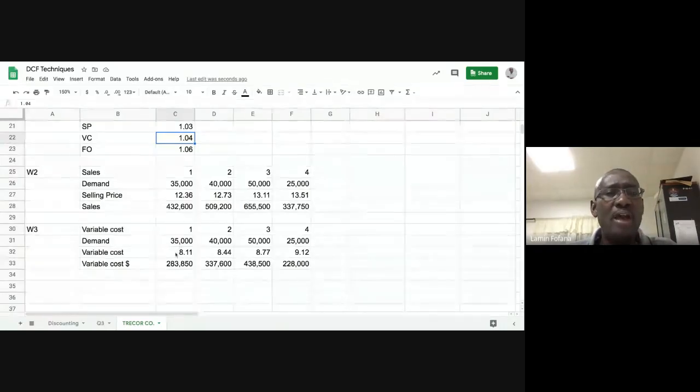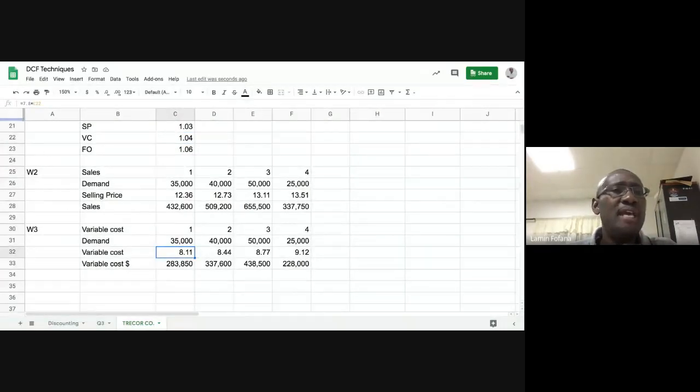So this is why the first year we said 7.8, which is the value of the variable cost in year 0, that's now multiplied by the increment, that gives you 8.1. Then year 2 is going to be the year 1 value multiplied by the increment, which is 1.04, and year 3, year 2 value multiplied by the increment, and year 4 the same thing.